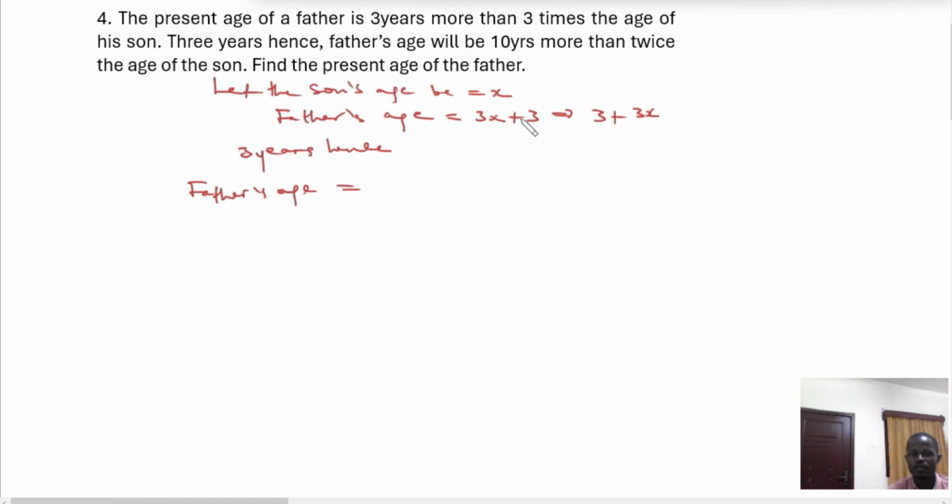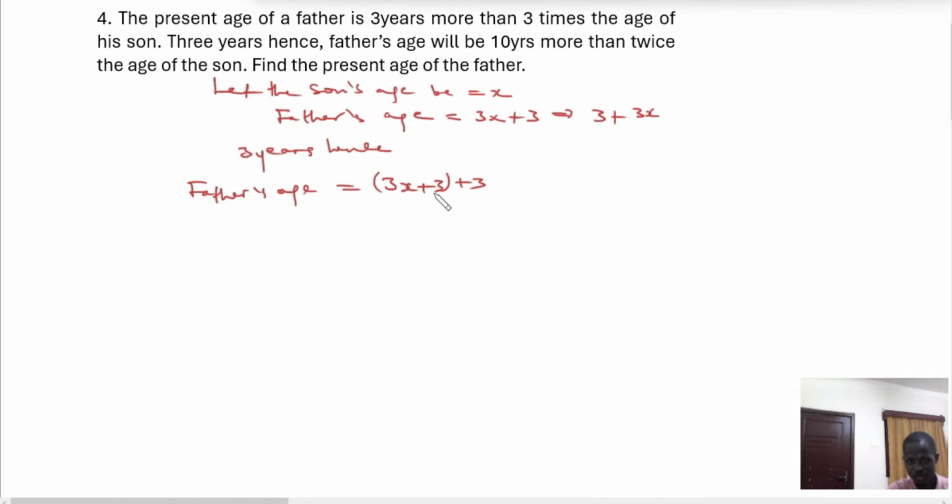We know the present age of the father from the first statement is 3x plus 3. Let's write it, 3x plus 3, in brackets. So in 3 years' time, we're going to add 3 years.